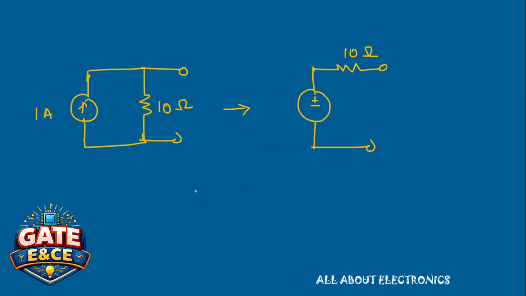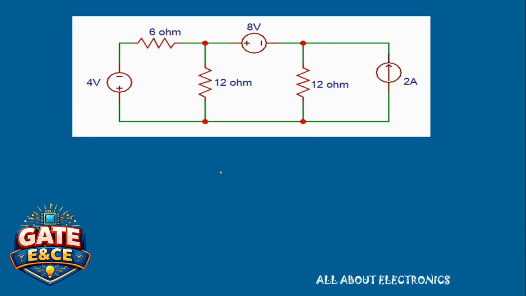And the value of this voltage source V is given by I into R, that is nothing but 10 volt. So in this way we can transform this 1 ampere current source into the 10 volt voltage source. So now let's take one numerical and find the usefulness of this source transformation in simplifying the circuit.